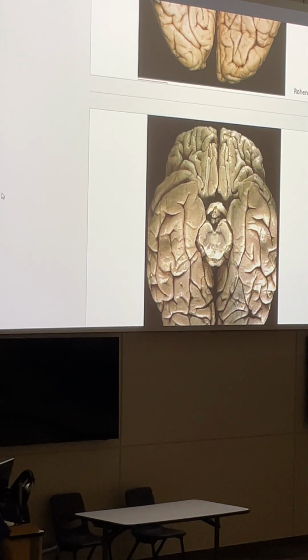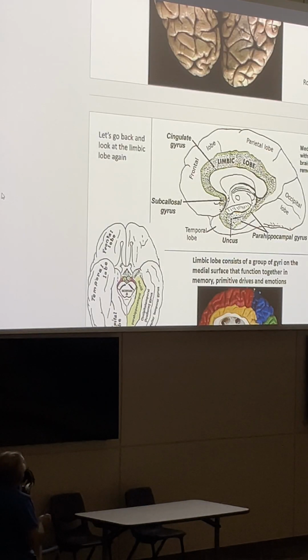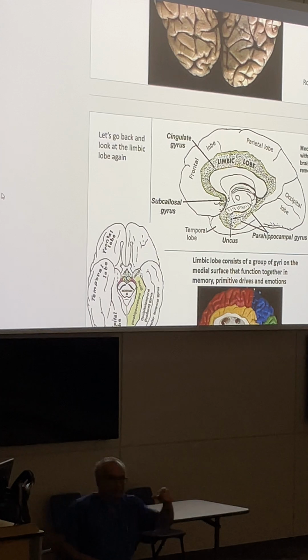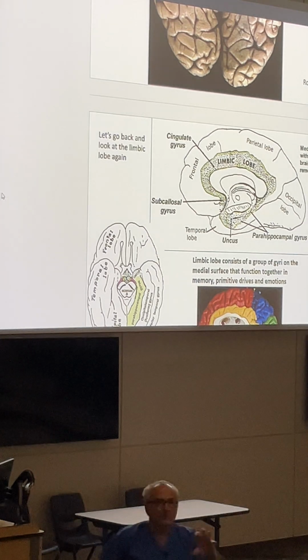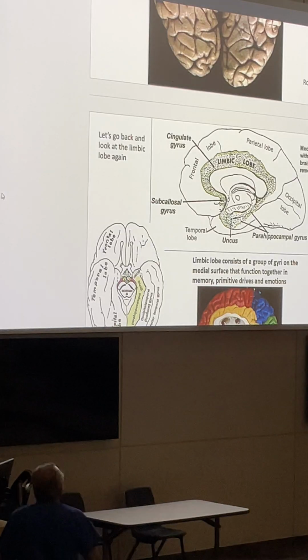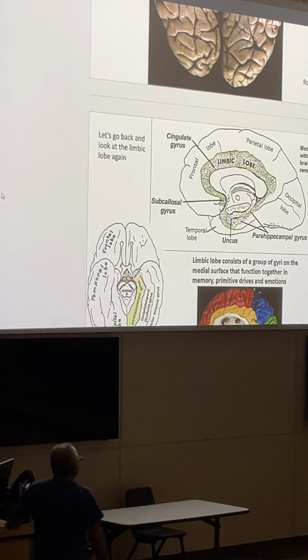I'm going to flash based on review one more time. And next week, limbic lobe, all shaded area. But you should be very clear what gyri, what specific portion falls into it as a component of the limbic lobe or system. As a result, the function of that area.